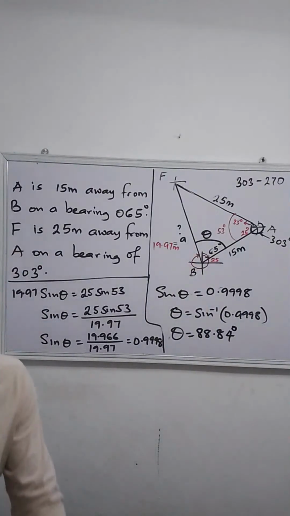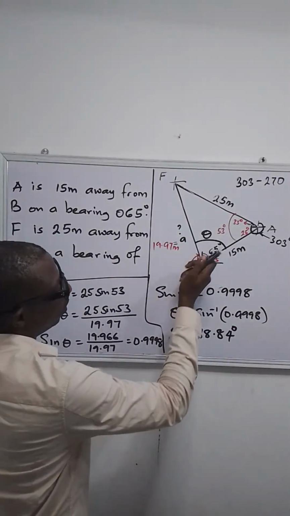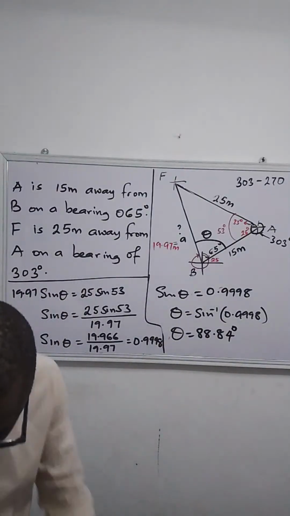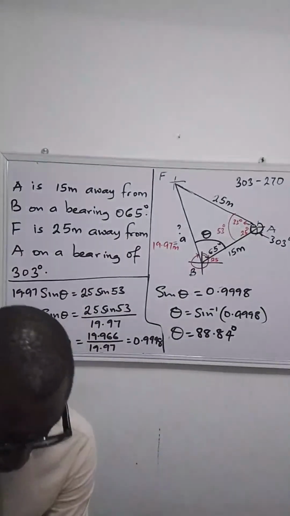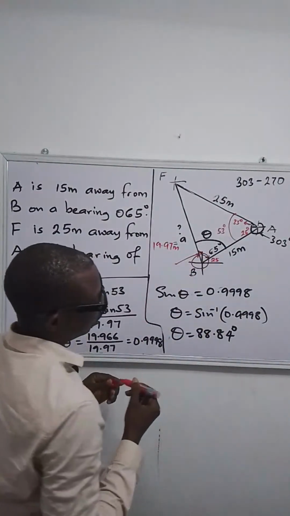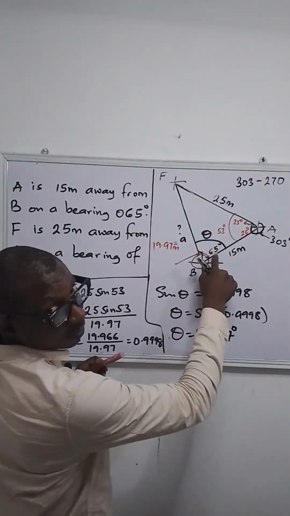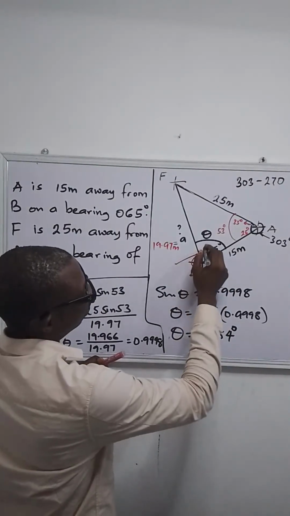Now what we need here is this small angle. The small angle here is going to be this minus 65. So let's call this small angle alpha.